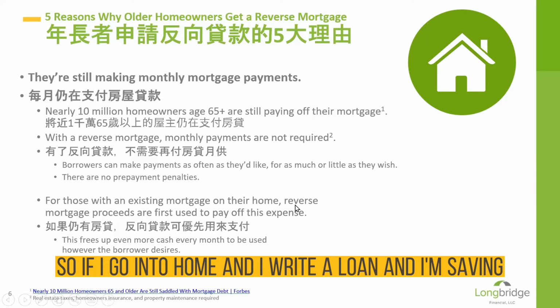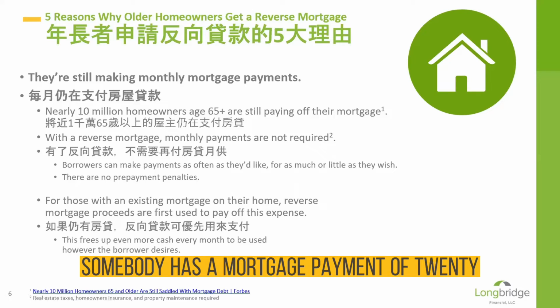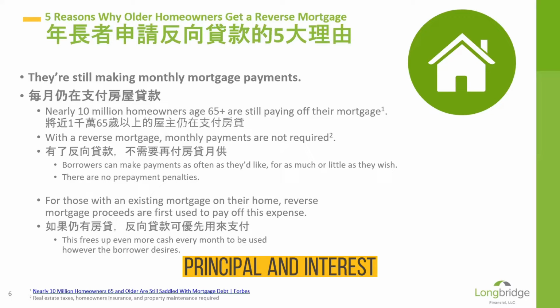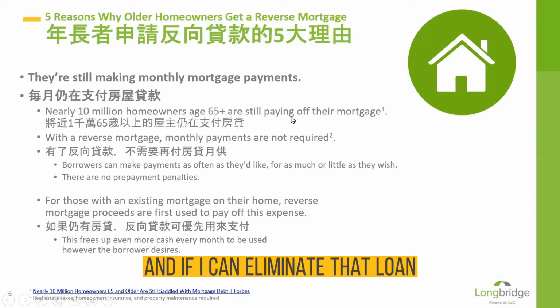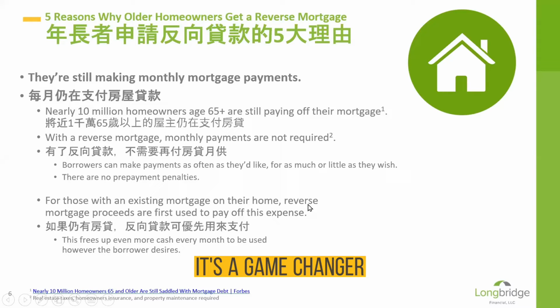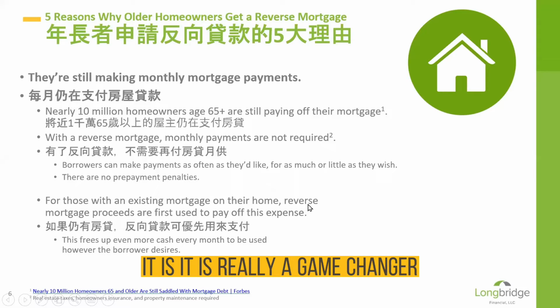So if I go into a home and I write a loan, and somebody has a mortgage payment of $2,500 a month, principal and interest only, and I can eliminate that loan, putting another $2,500 in somebody's pocket, it's a game changer. It is really a game changer.